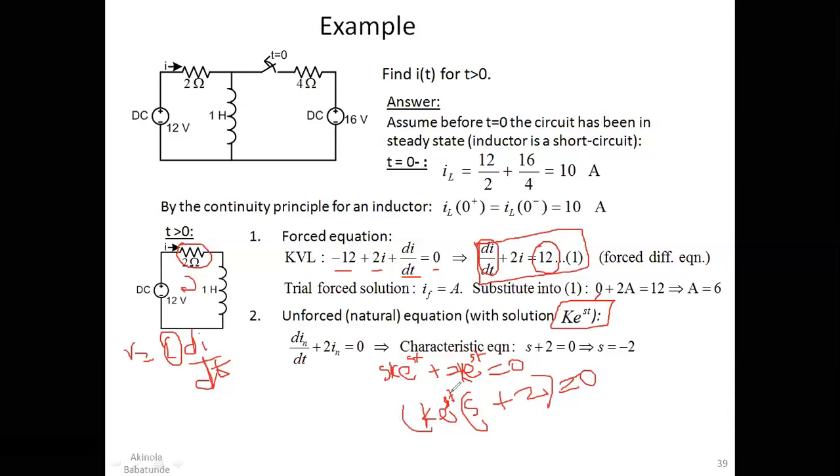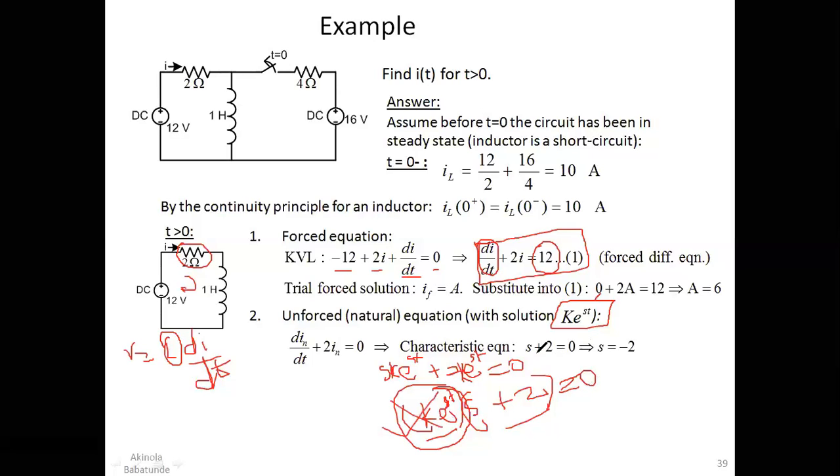So from a mathematical understanding of quadratic expressions, it is either this is equal to 0 or this is equal to 0. And these can never be equal to 0. By definition, Ke^(st) cannot be equal to 0. So the only thing that can be equal to 0 is s plus 2. That is why we usually just forget about this, and then we go for s plus 2 equal to 0.